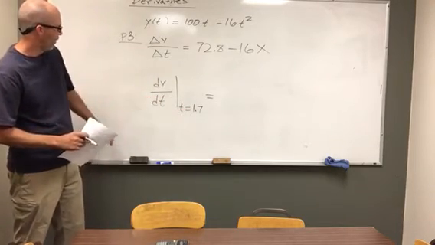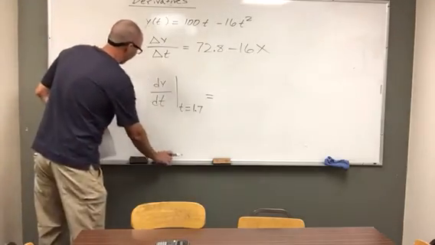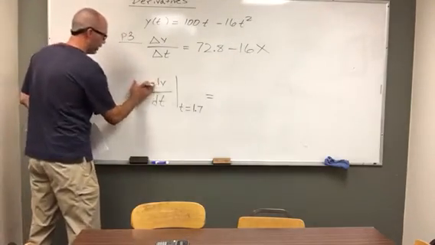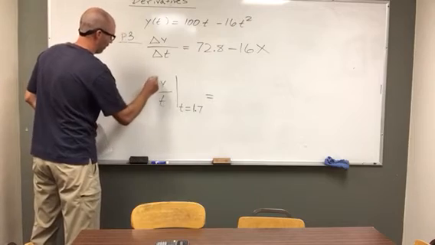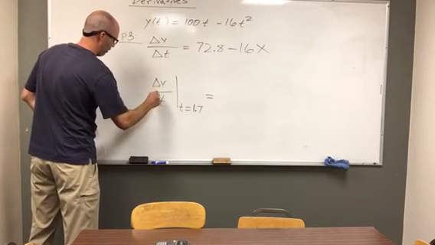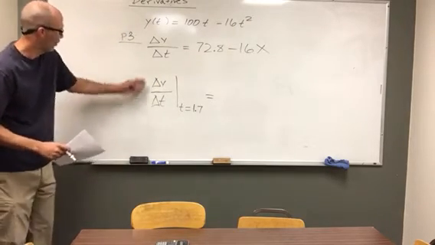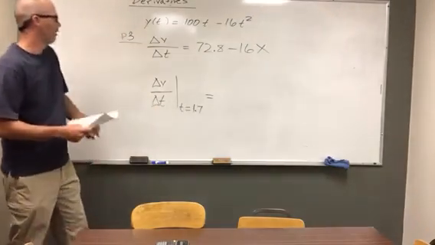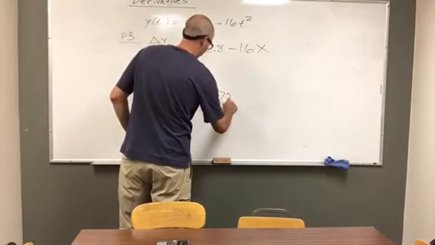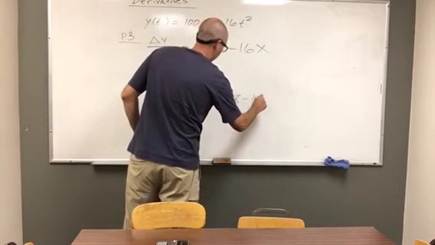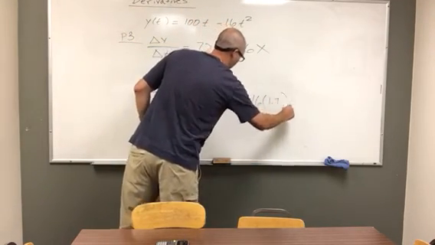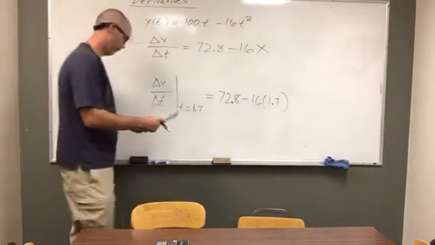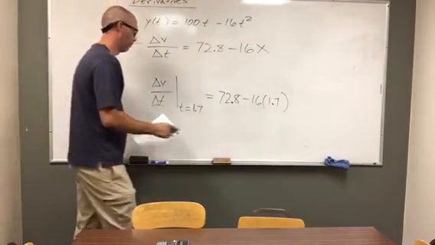So, really kind of overdoing the notation here. It's really fine just to think of it like this. So we're evaluating this formula, evaluated at t equals 1.7. Plug that in there. And that should give you your answer.